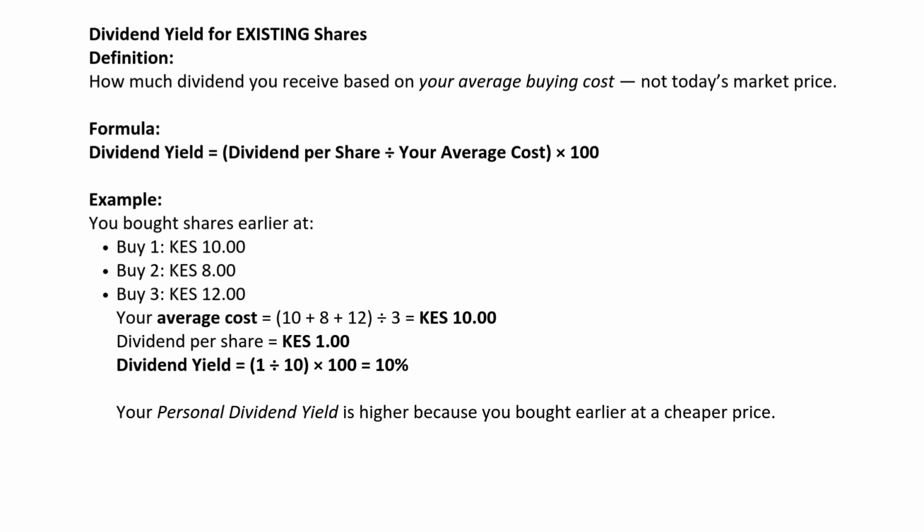So dividend yield for existing shares is how much dividend you receive based on your average buying cost. And remember, average buying cost in your portfolio is not the same as buying price. Average buying cost, or average price, is inclusive of cost, levies and commissions.